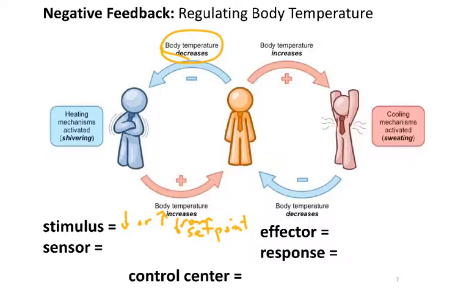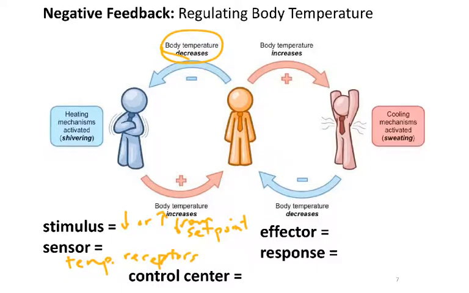Or you could say it's a decrease or an increase in temperature around the body, right? The sensors are temperature receptors, which are in the skin, as well as other places in the body.